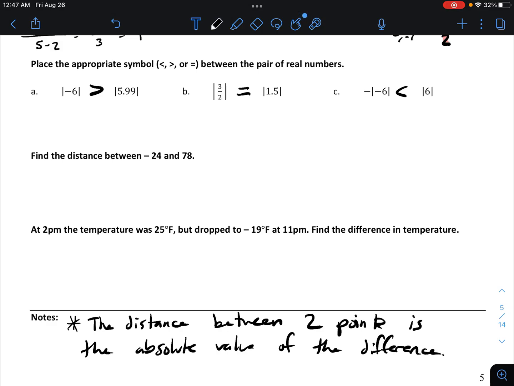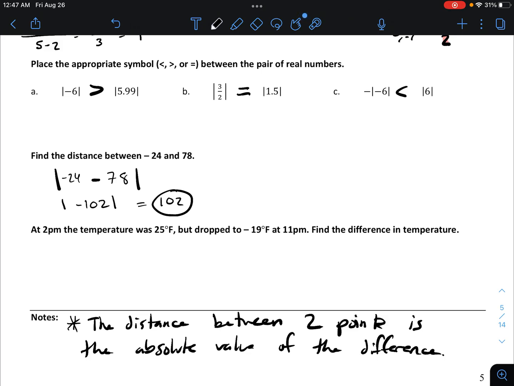All right, so what that means is all I have to do is subtract the numbers and then take the absolute value, right? So I'm going to subtract, I've got this negative 24 minus 78. So this is going to be the absolute value of negative 102, which is just 102.